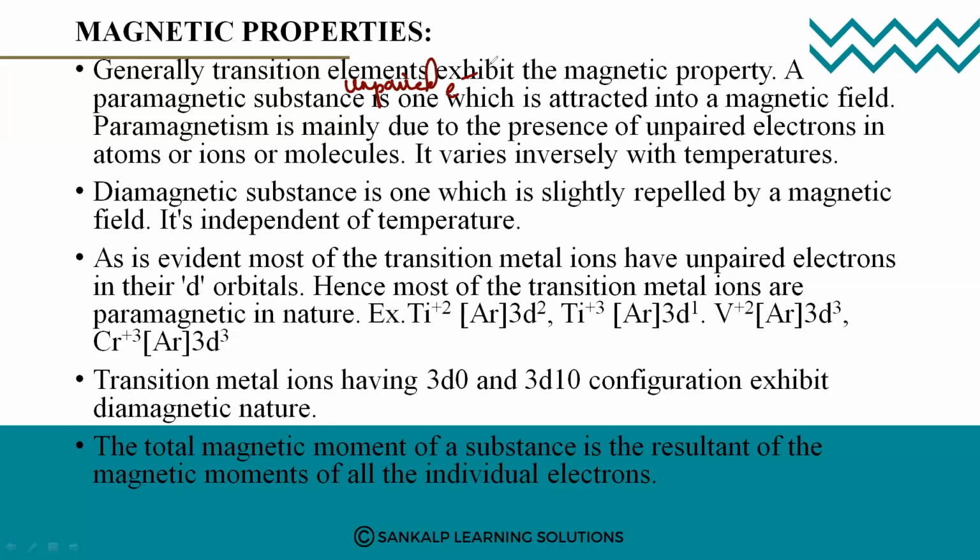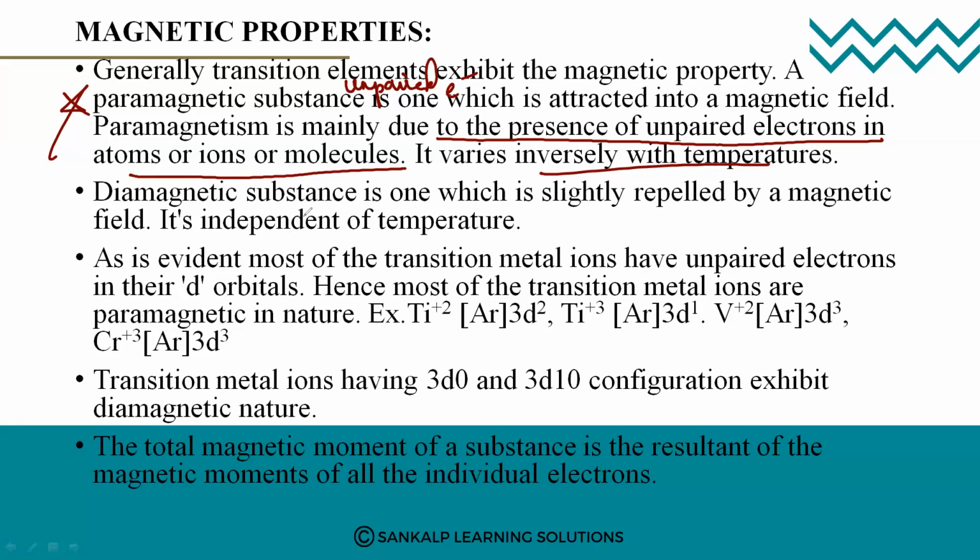Paramagnetic property is mainly shown due to the presence of unpaired electrons in atoms, ions or molecules. It varies inversely with temperature. Please make this point important, the first one.